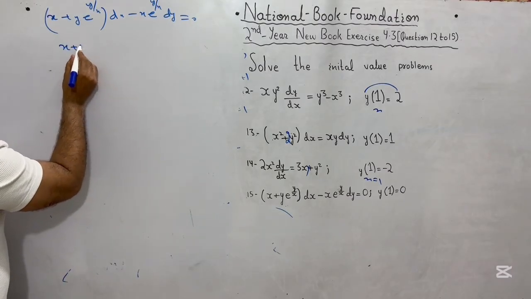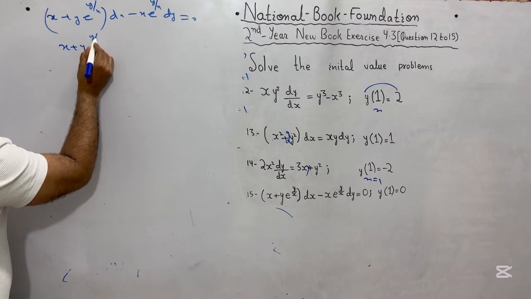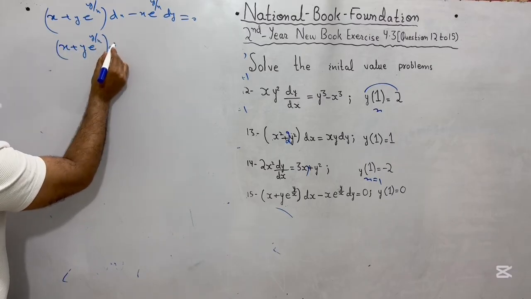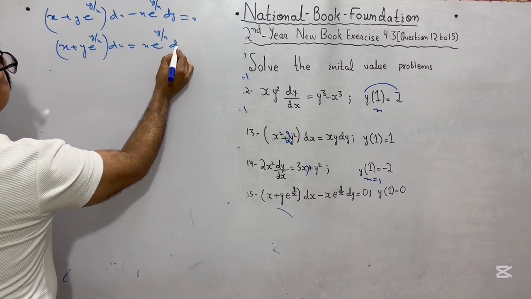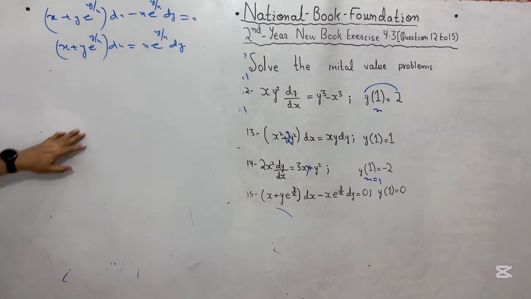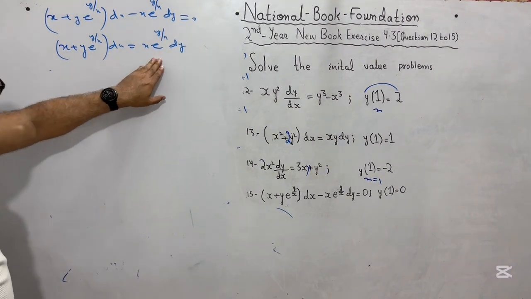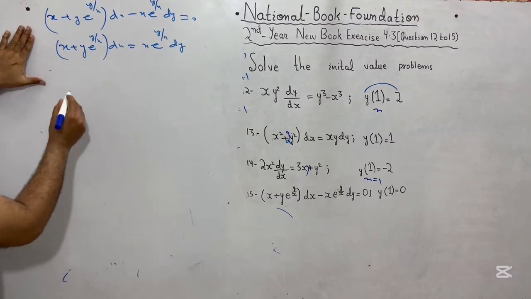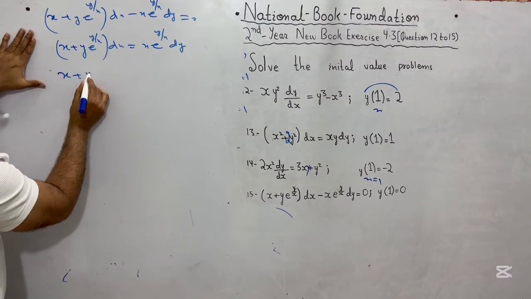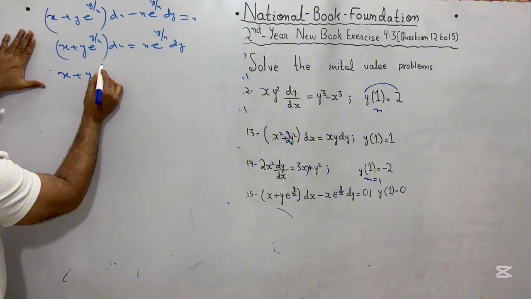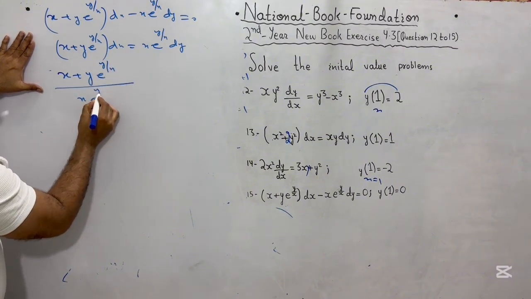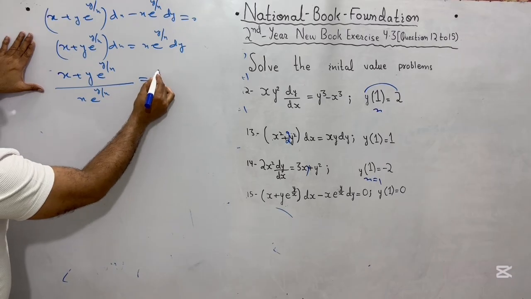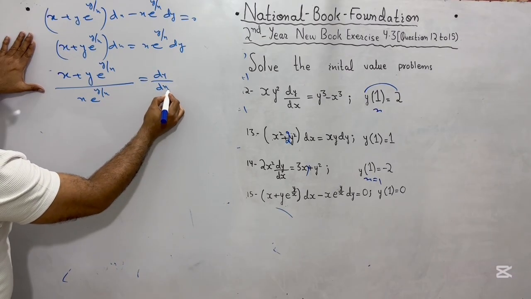We have x plus y times e raised y over x dx, it is x times e raised y over x dy. Shift dx here and x times dy here. We have x plus y times e power y over x divided by x times e power y over x is equal to dy over dx.